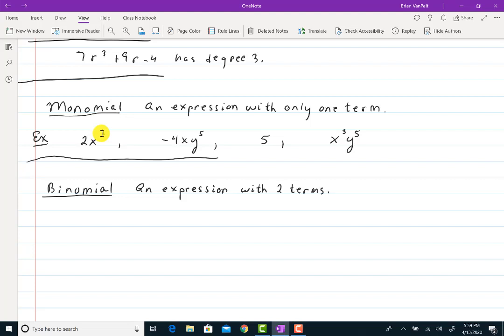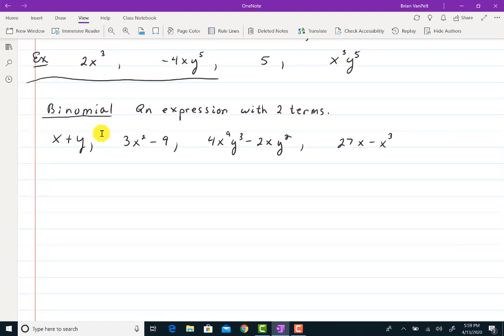So examples of binomials are like x plus y, 3x squared minus 9, 4x to the 9th y cubed minus 2xy squared. That's another example of a binomial. I think you get the idea. 27x minus x cubed. All of these things are binomials. I should put that these are examples of them.